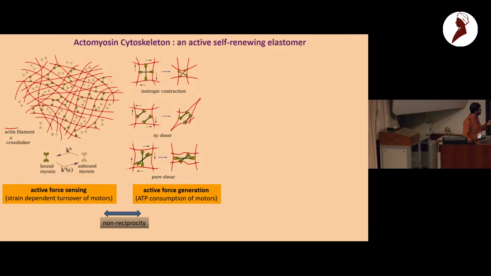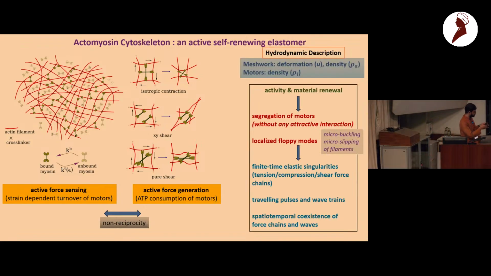So this is just the schematic, a microscopic picture. What we do in this work is write a continuum theory of such an active meshwork. We will write basically differential equations for the displacement vector u, the density of the actin meshwork, and the density of the myosin motors.